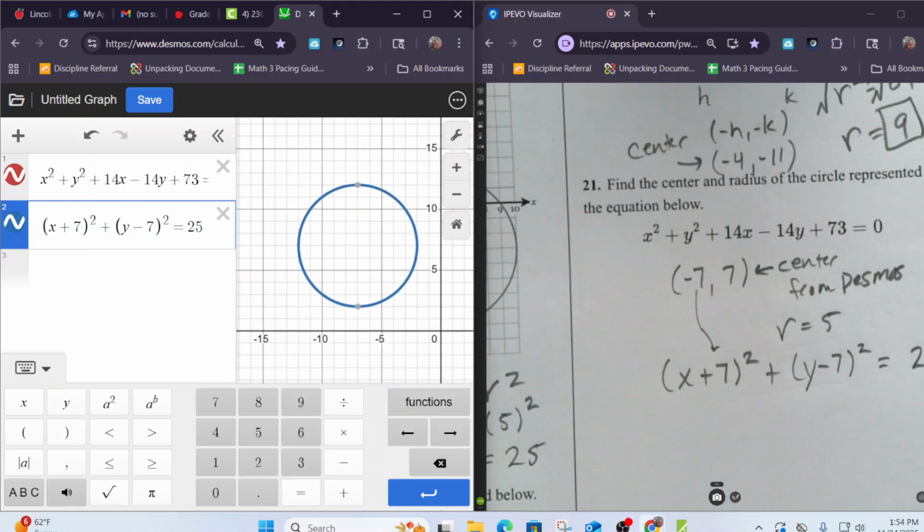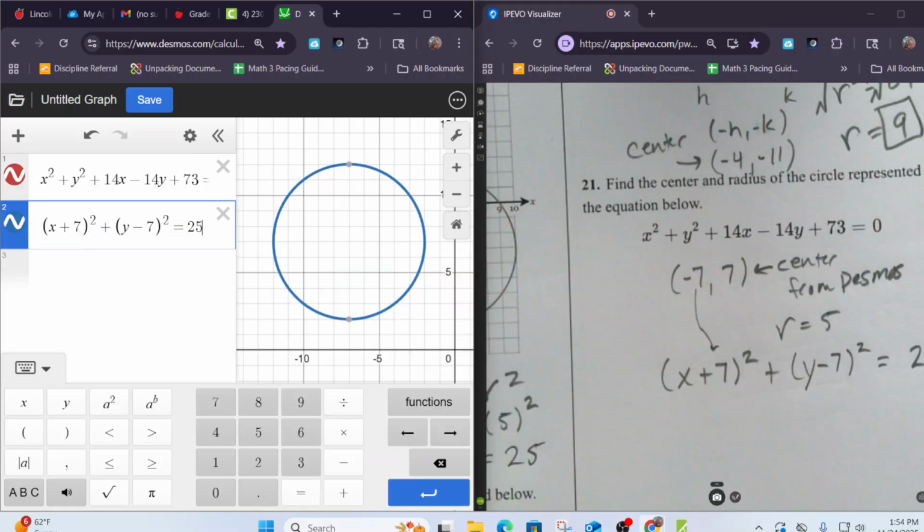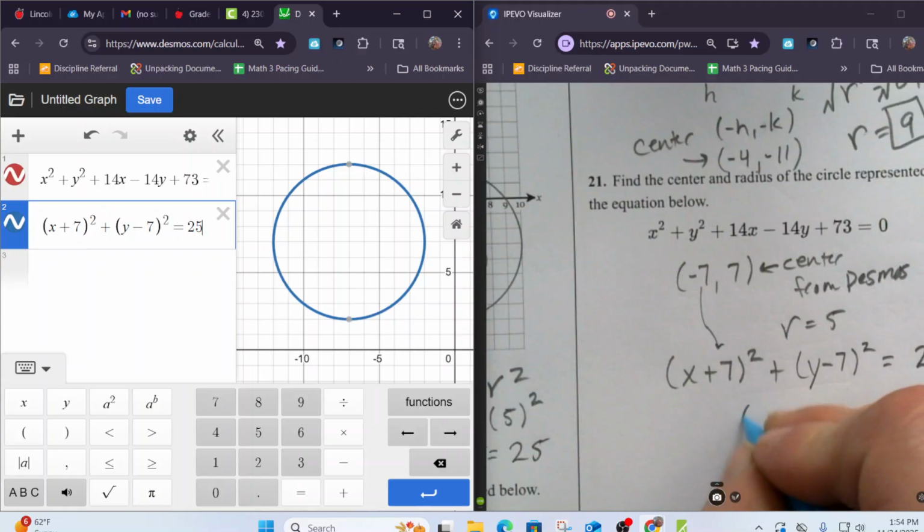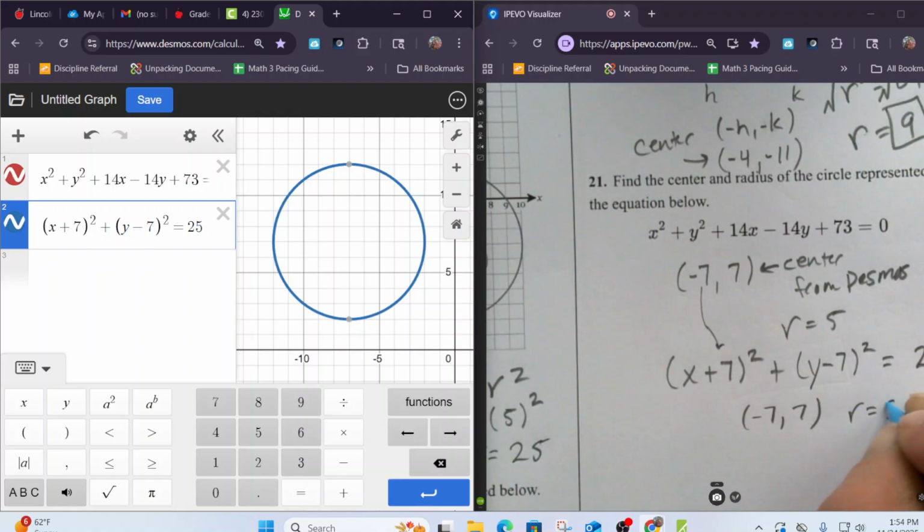And that circle matches perfectly, so that is correct. My center was negative 7, 7, and my radius is 5.